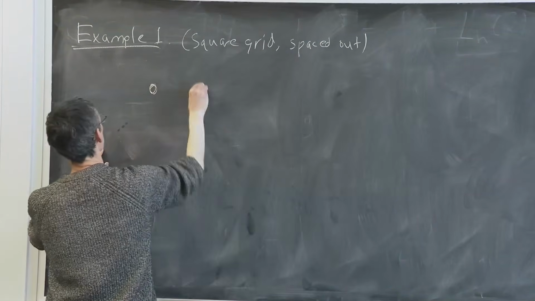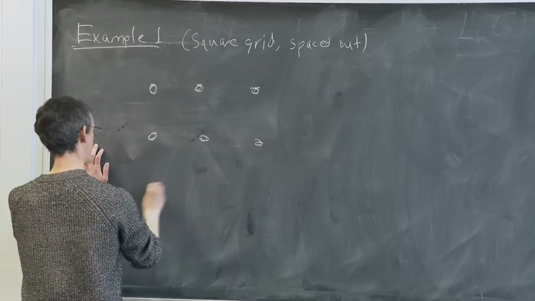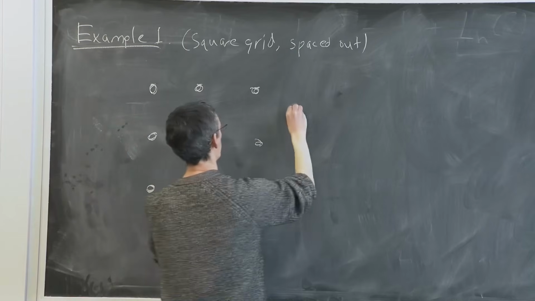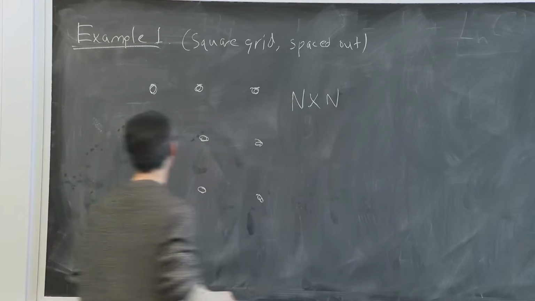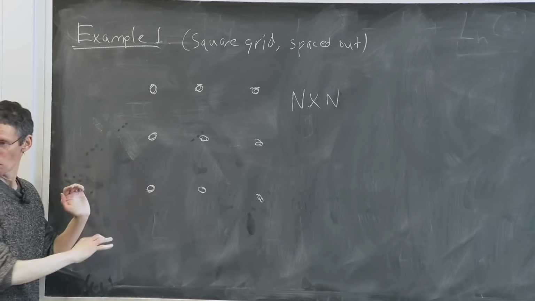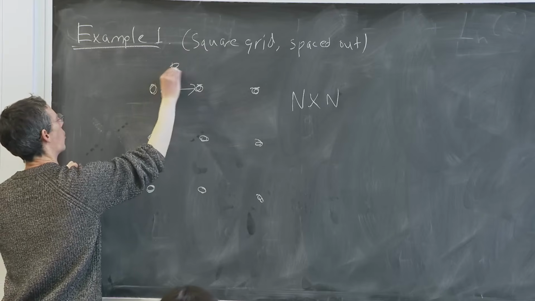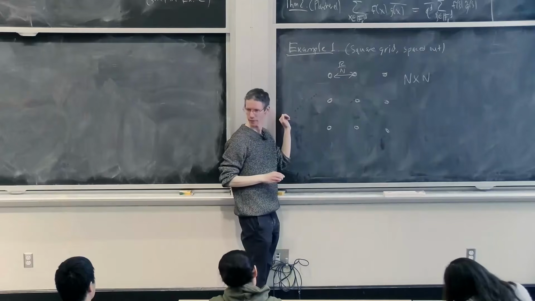OK, so it looks like this. It's going to be an n by n grid. And it's inside of an R ball, but I'm going to make it as spread out as possible. And so the distance here is about R over n. So that's my set X.